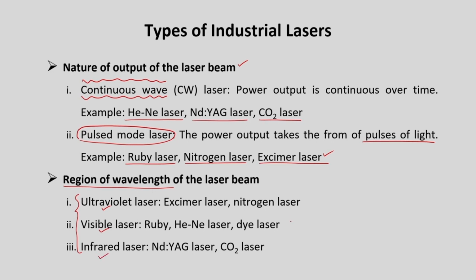The visible laser has a wavelength between 400 nanometer to 700 nanometer, and the ultraviolet light has a laser wavelength below 400 nanometer. Infrared has the higher wavelengths. Infrared lasers are the Nd:YAG lasers or the CO2 lasers. Visible lasers are the ruby, HeNe and the dye lasers.